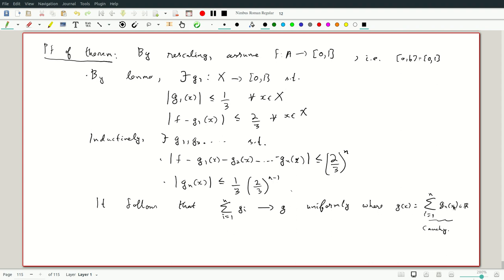So you see that this is actually convergent for all x. And the partial sums converge to g uniformly, and also g restricted to the set A is F. So the first equation seems to suggest that the partial sums converge to F, which is correct, and converges uniformly, but uniformly only on A. Okay, so hence g is continuous.